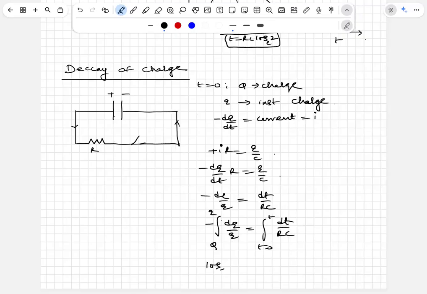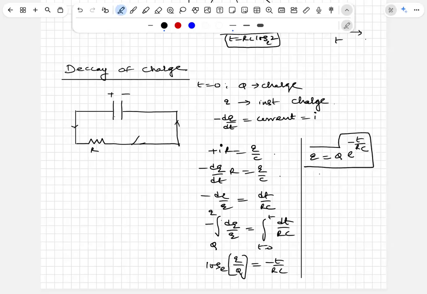So this is log e, and that is, okay, clear? q is equal to Q into e to the power of minus t by RC.